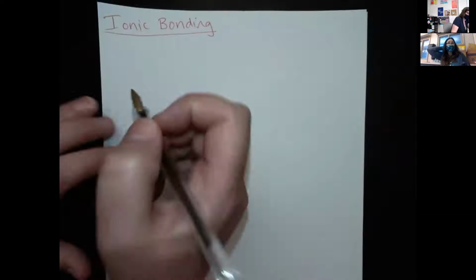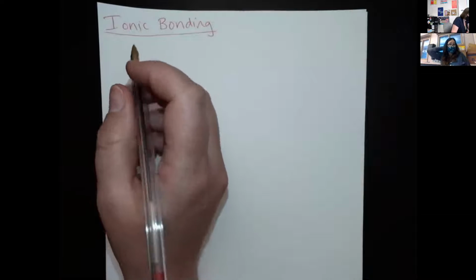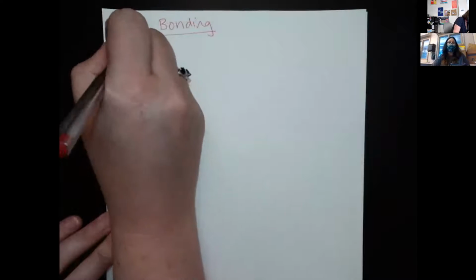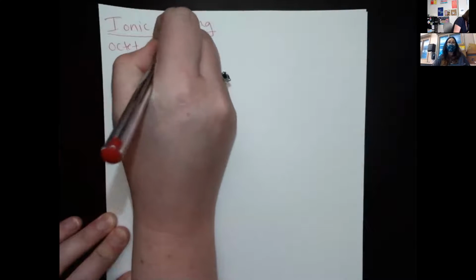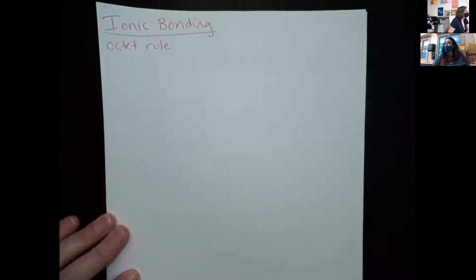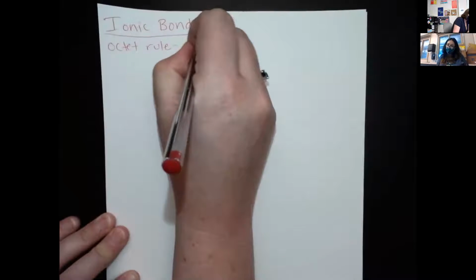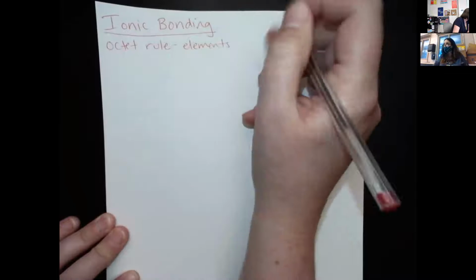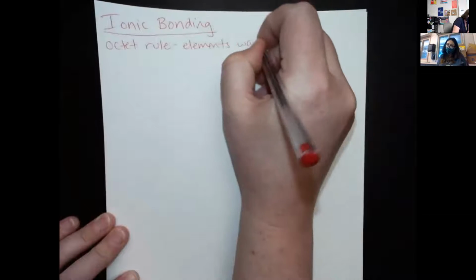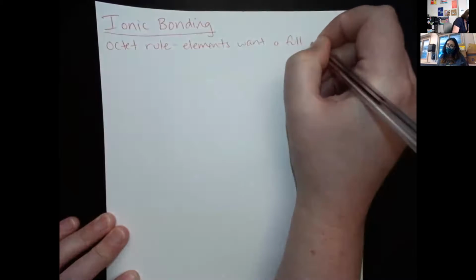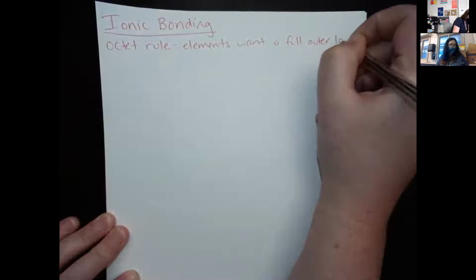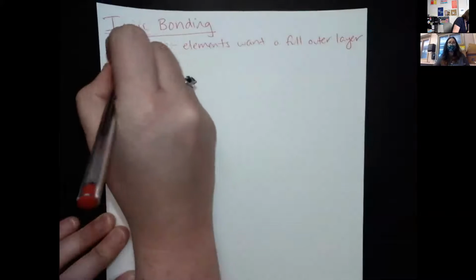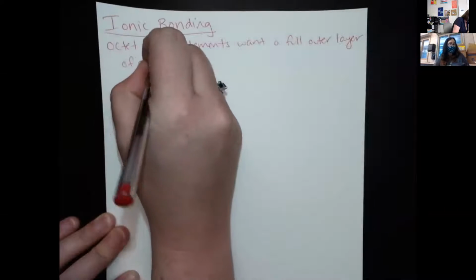Before we actually talk about ionic bonding, though, we're going to talk about a rule that elements want to follow. It's called the octet rule. The octet rule says that elements want a full outer layer of electrons in order to be stable.